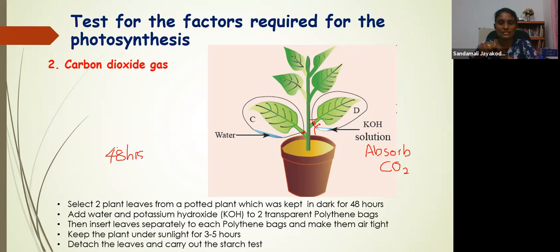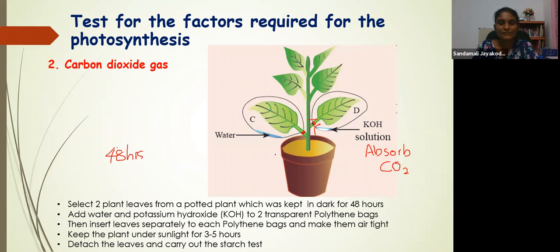We are tying it tightly. And then we are going to keep this, as in the previous test, in sunlight. We are keeping it under sunlight for 3 to 5 hours again. So the same procedure, but two different chemicals or setups.